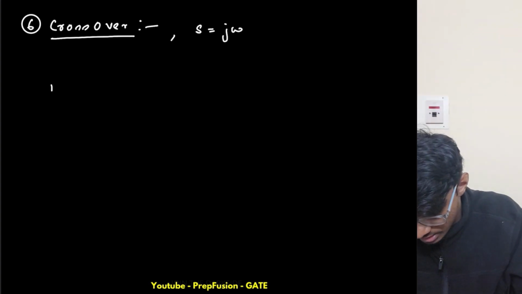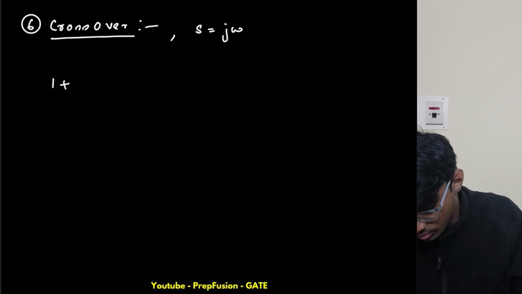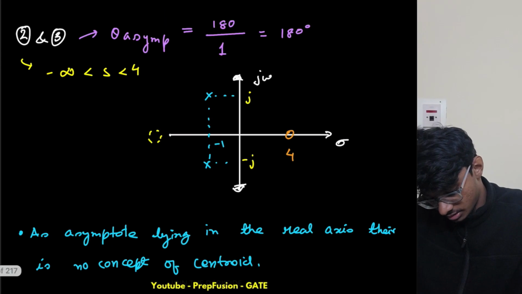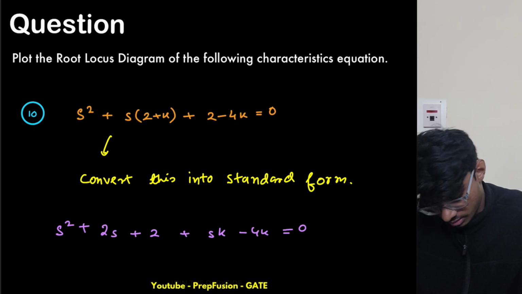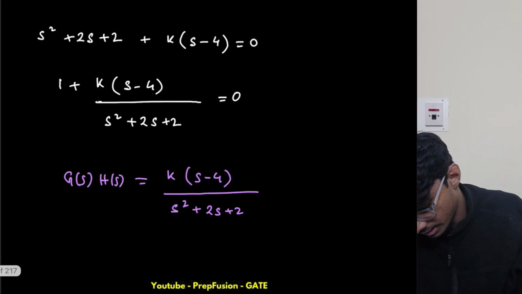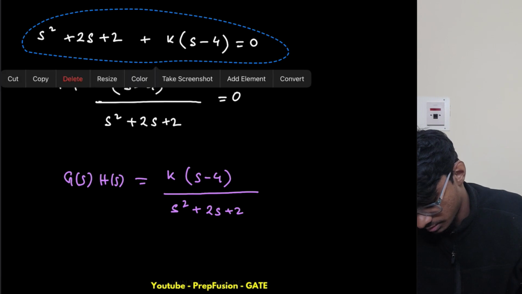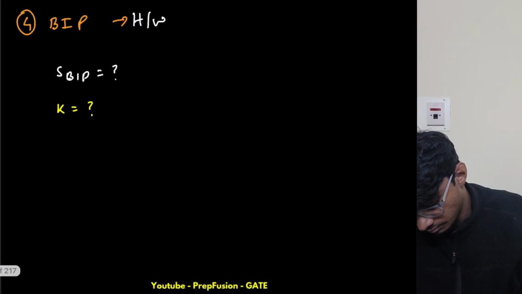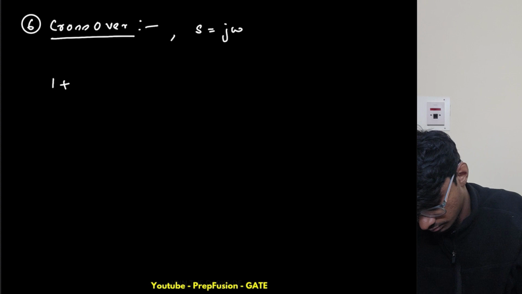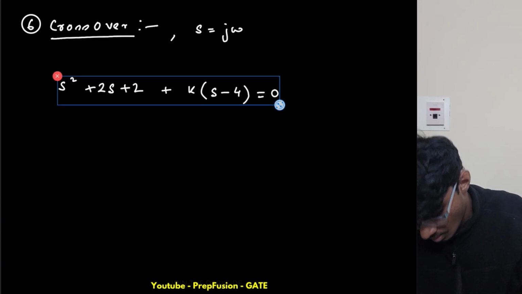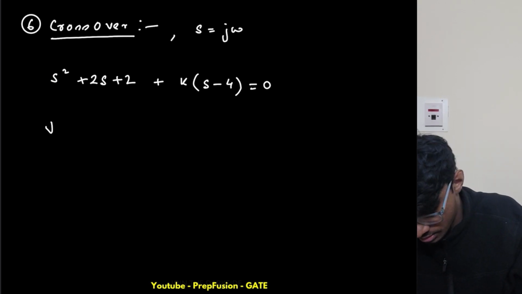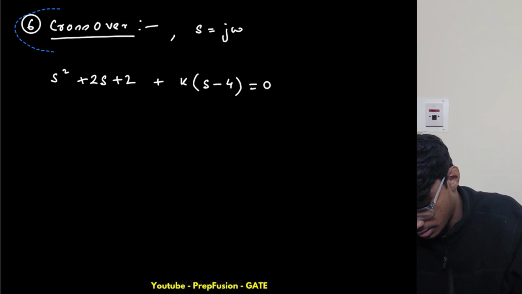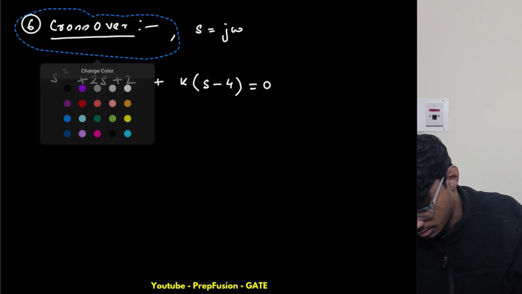So what is my equation? The equation is something like this. I can directly copy this equation. Let me color this one, else it will go dull.